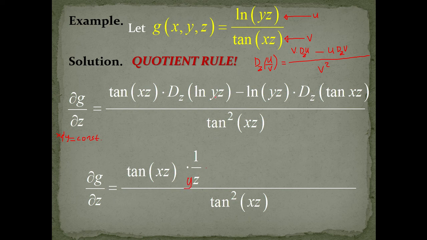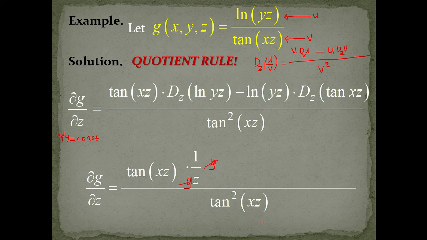Then multiplied by the derivative of yz with respect to z. So it means that we just differentiate yz with respect to z. So derivative of z with respect to z is equal to 1, 1 times y. So we have y here. We have y at the numerator divided by y here. So that's why you have only 1 over z.